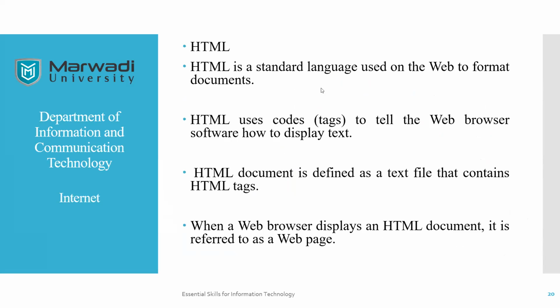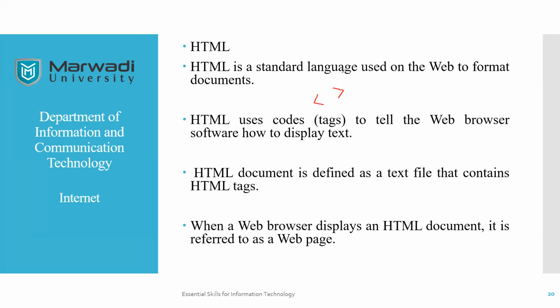Next is our HTML. HTML is a standard language used on the web to format documents. HTML uses codes, or you can say tags. I think you have already learned HTML, right? Tags look like this.